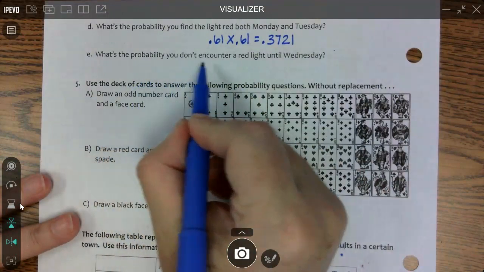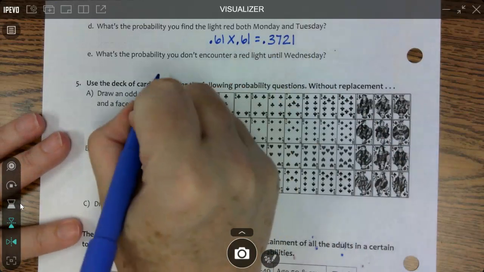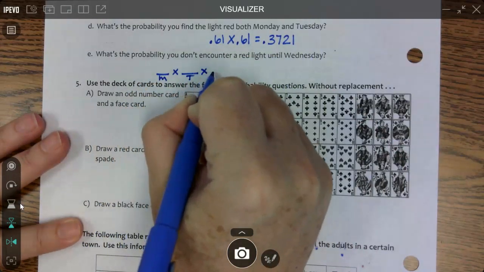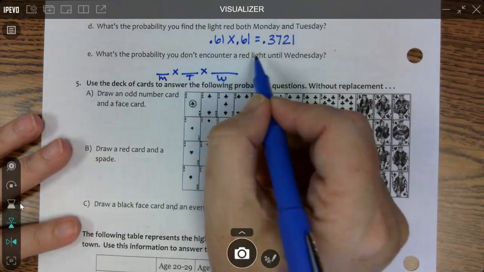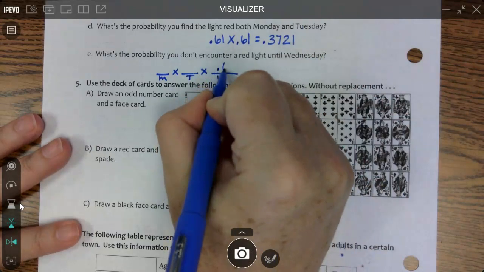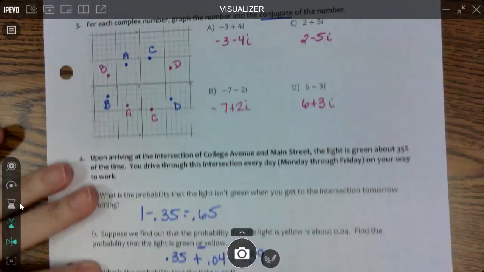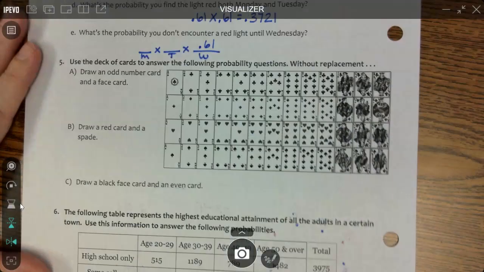E, what's the probability you don't encounter a red light until Wednesday? Okay, so we have a Monday times a Tuesday times a Wednesday. So I don't get a red light till Wednesday. So red light on Wednesday would be 0.61. It didn't say green or yellow, so we're going to do both. And that's the one we calculated in B at 0.39.